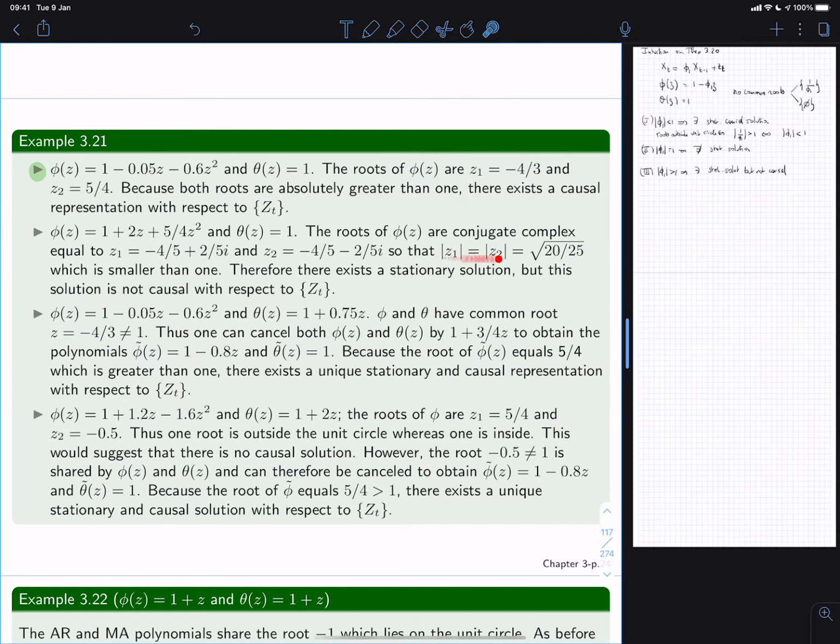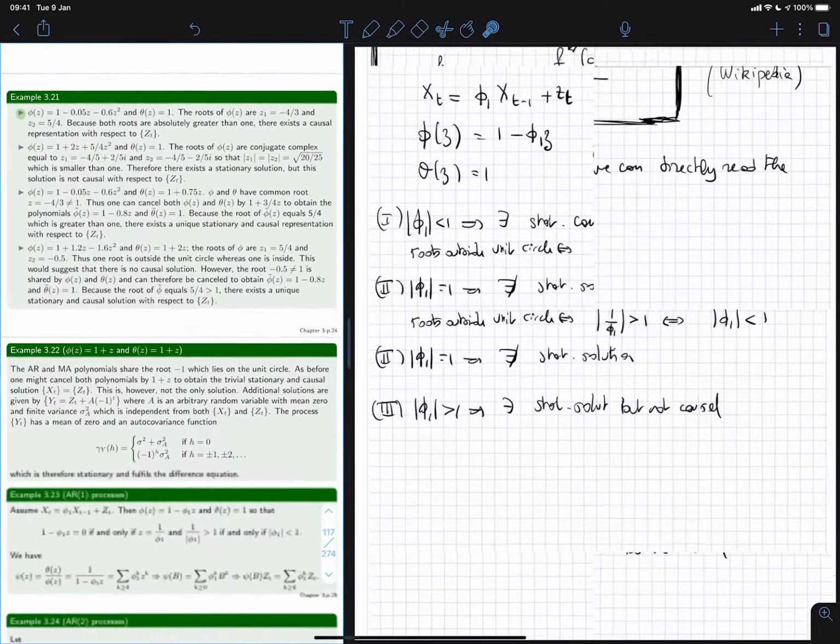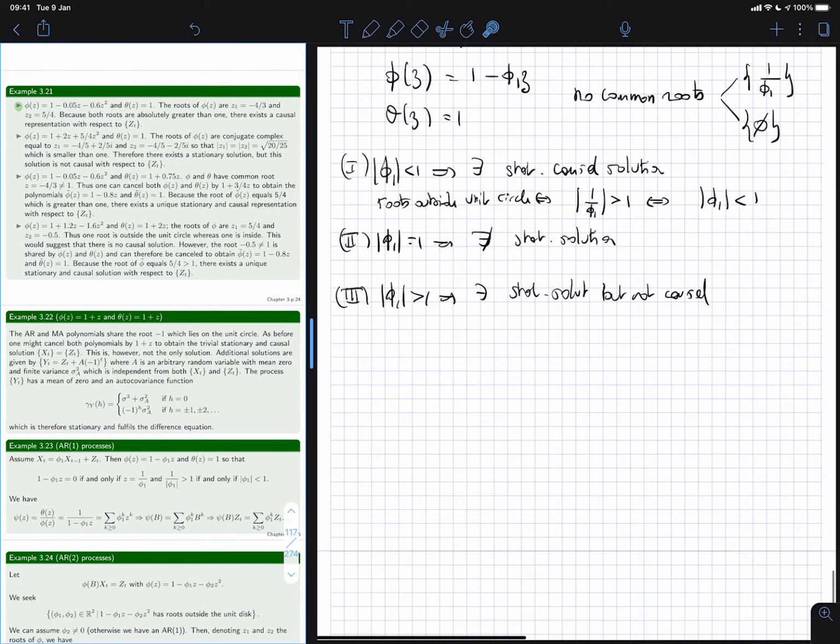The modulus of these roots is smaller than 1. Therefore, there exists a stationary solution, but it is not causal. Another example would be these two. Maybe I'll do this one in detail. So example 3.21.